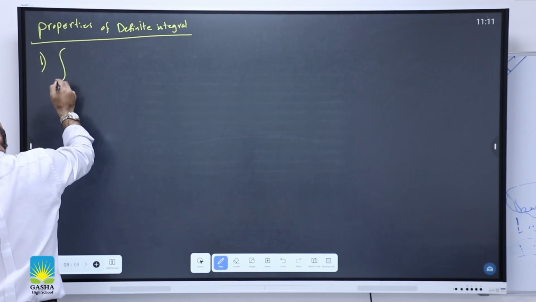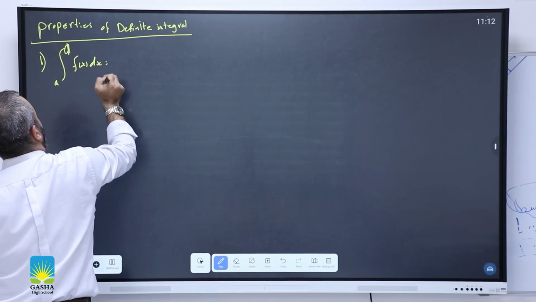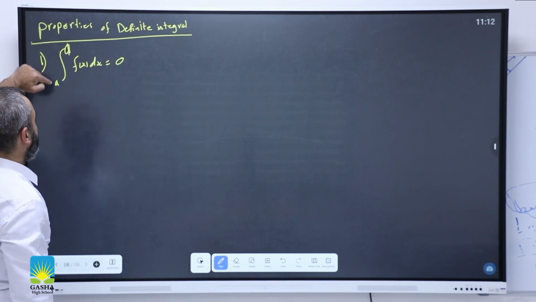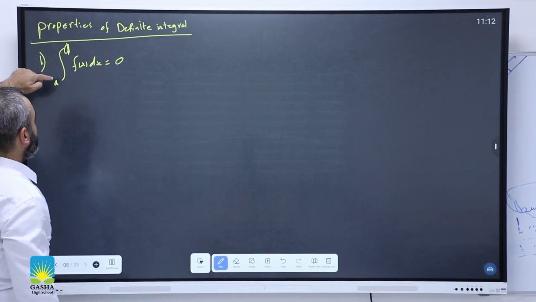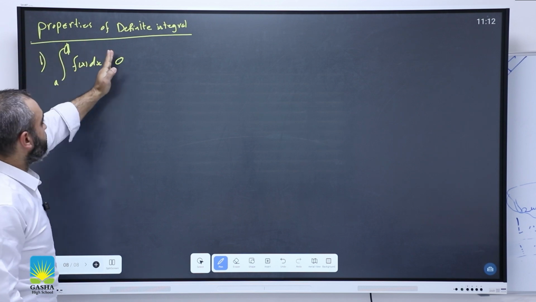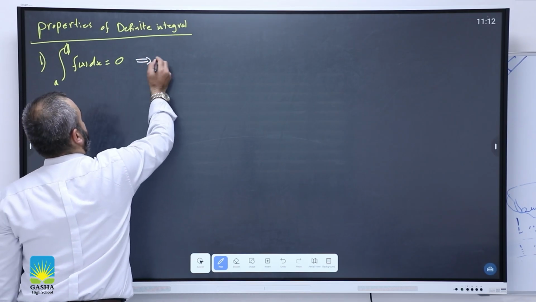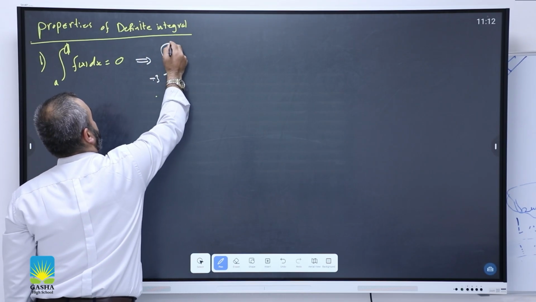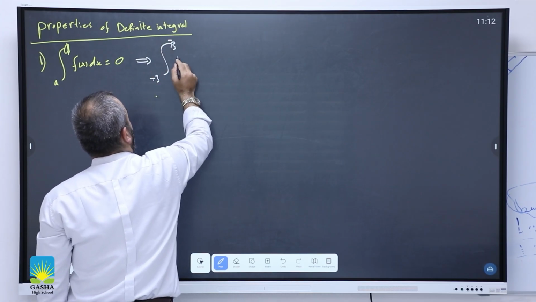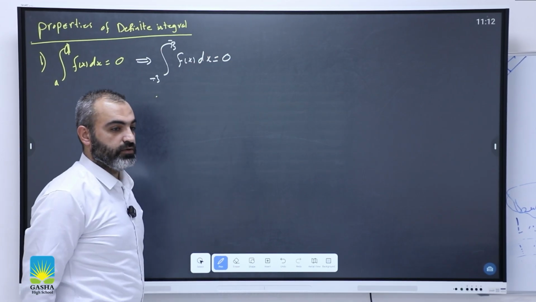Property 1: the integral from a to a of f of x dx equals 0. Always, if the interval is a to a, like 2 to 2, 3 to 3, negative 1 to negative 1, the result of the integral is always 0. Integral from negative 3 to negative 3 about any function equals 0.